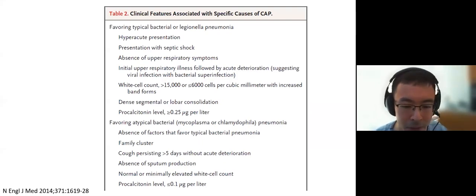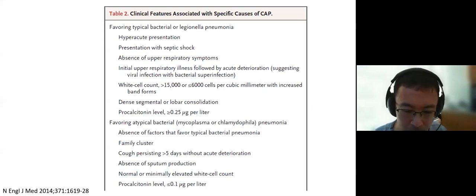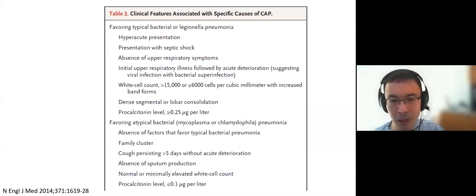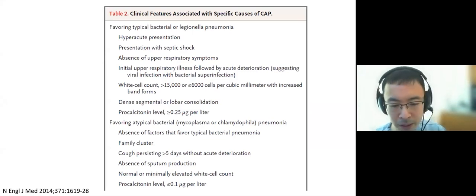Atypical bacterial pneumonia caused by Chlamydophila and Mycoplasma tends to affect younger people with little to no comorbidities. So it's generally less severe and it rarely leads to acute deterioration. The symptoms are low-grade fever, dry cough, and possible upper respiratory tract symptoms such as pharyngitis. Inflammatory markers might be normal or mildly elevated.